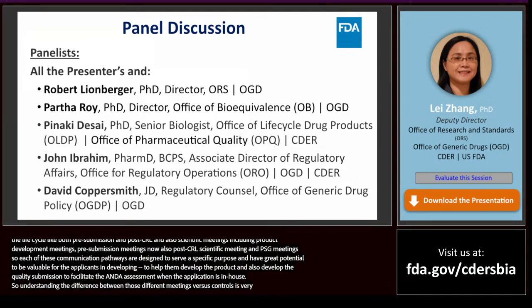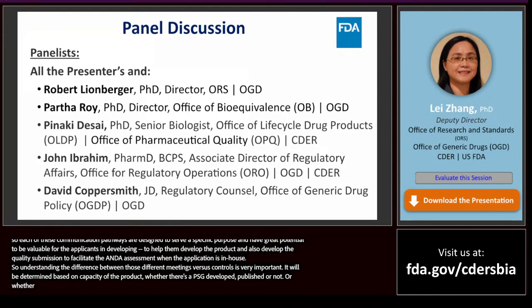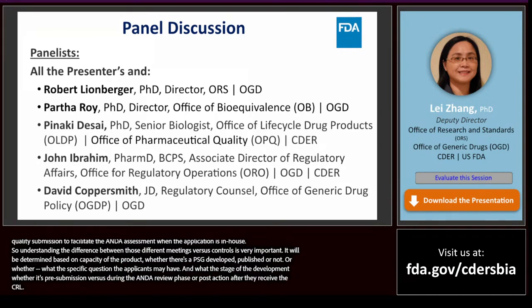It will be determined based on the complexity of the product, whether there is a PSG published or not, what specific question the applicants may have, and what the stage of development is, whether it's pre-submission, during the ANDA review phase, or post-action after they receive the CRL, can all help determine which pathway.